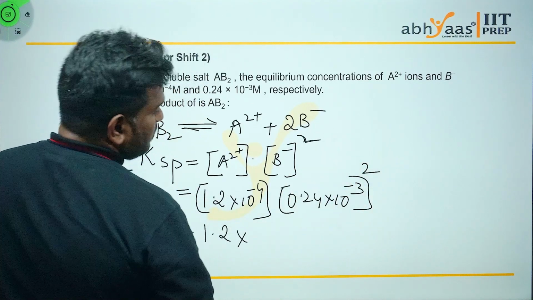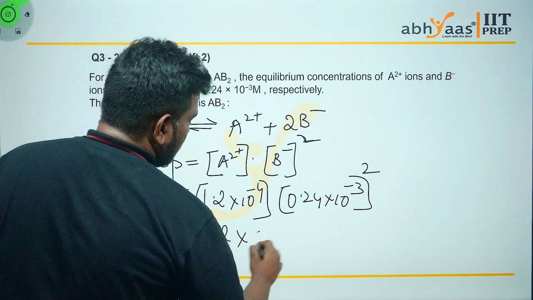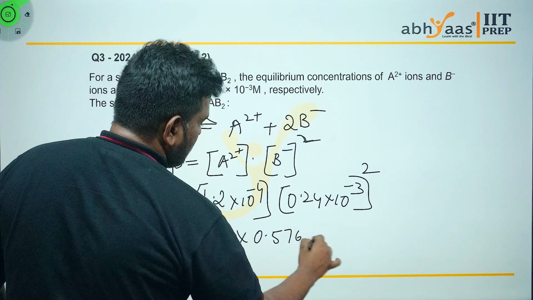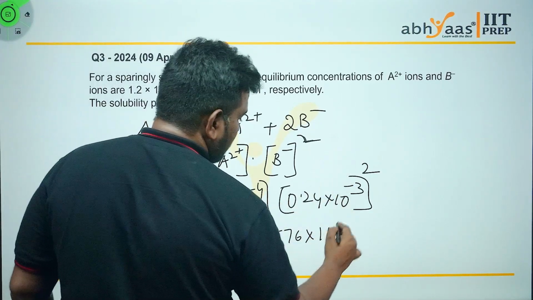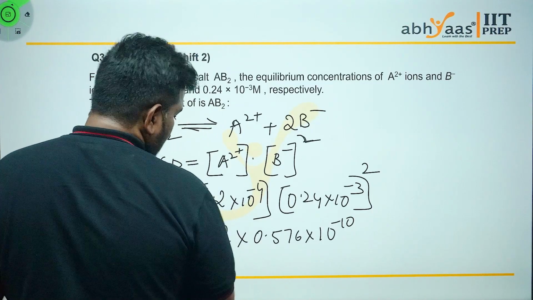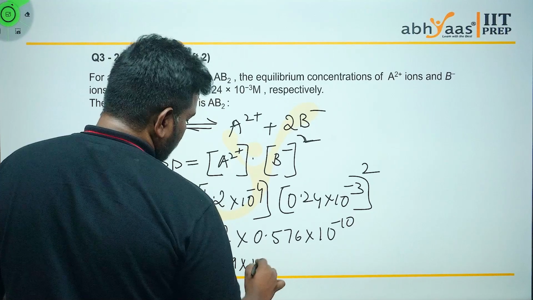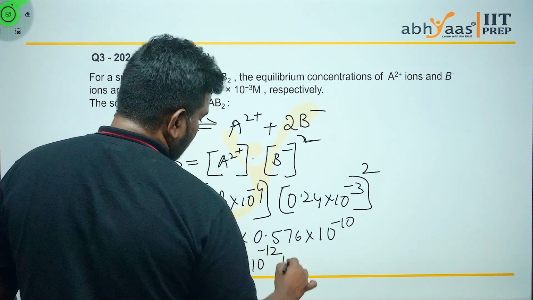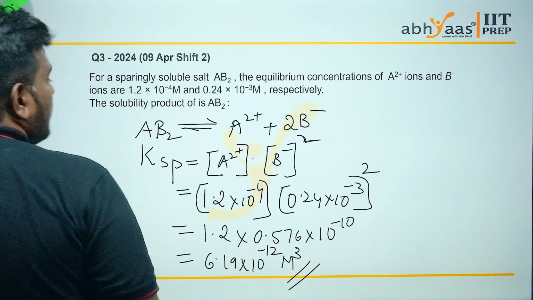So 0.24 into 10 raised to minus 3, the whole raised to 2, can be written as 0.576. Right, so 10 raised to minus 4 and 10 raised to minus 6 will become 10 raised to minus 10. Right, so at last you will be getting an answer of 6.19 into 10 raised to minus 12 M. Okay, so this will be your answer.